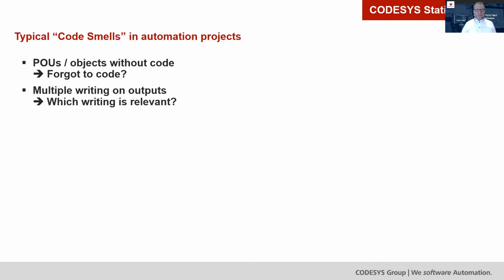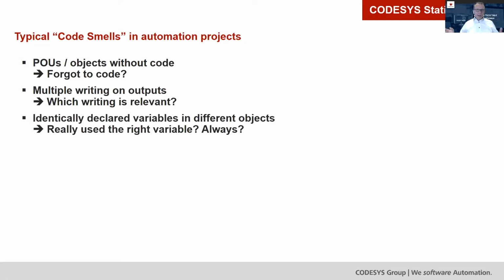A typical thing is writing on outputs in a multiple way. Of course, this is not a problem, not an error, but how do you know which writing is the relevant one for the output? Another thing, which is very, very common, you have objects that use variables, something like start, init, stop, end, such common variables which you could use in multiple objects.